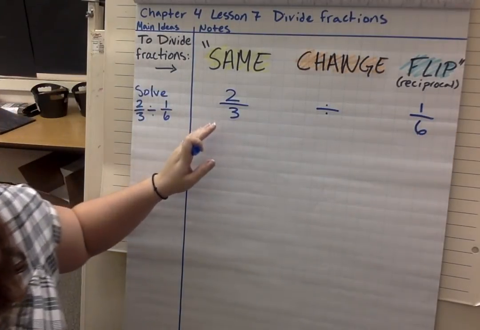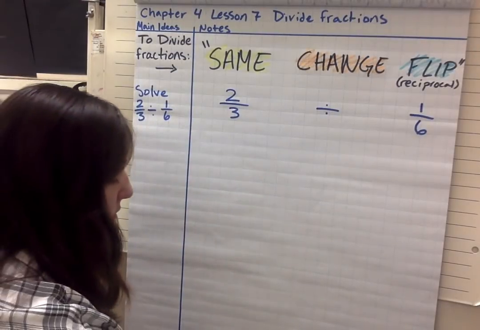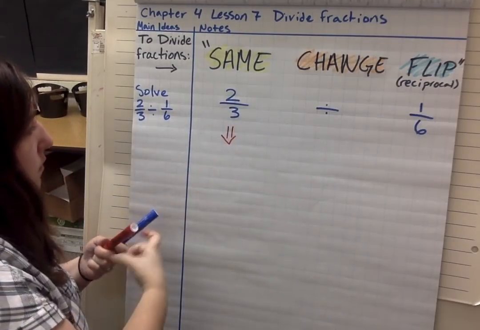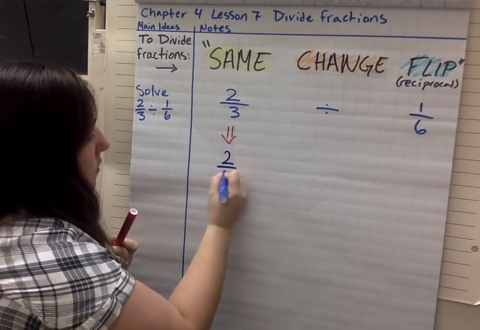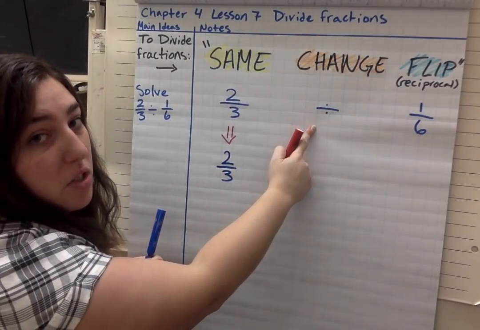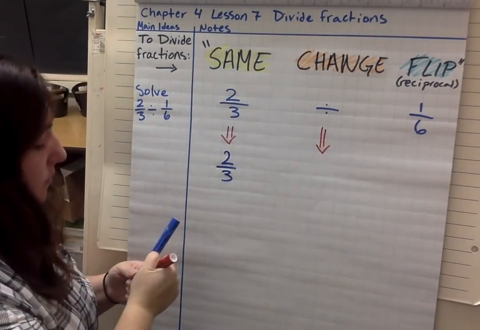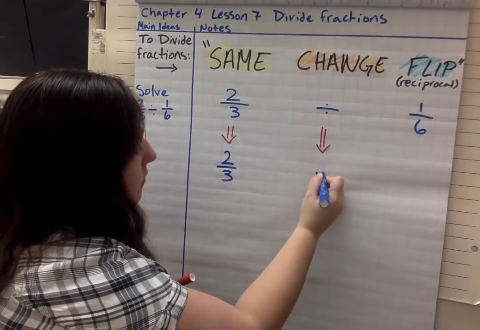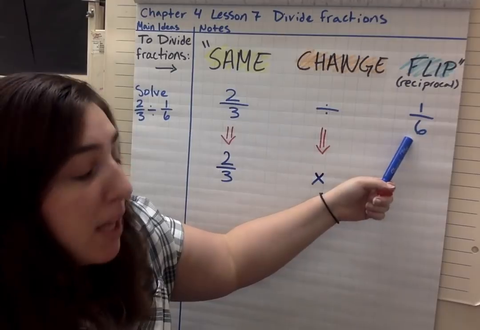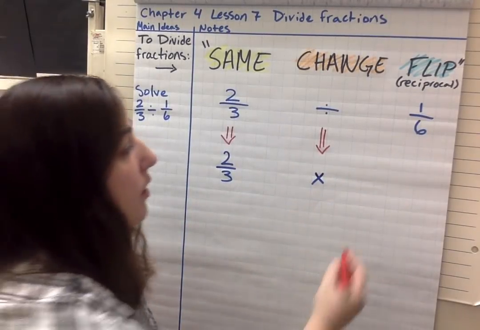Okay, so I'm going to keep this fraction the same. And I'm going to change this division sign into a multiplication sign. Okay, and last step, I'm going to flip this fraction. So what that means is I'm finding the reciprocal of it.